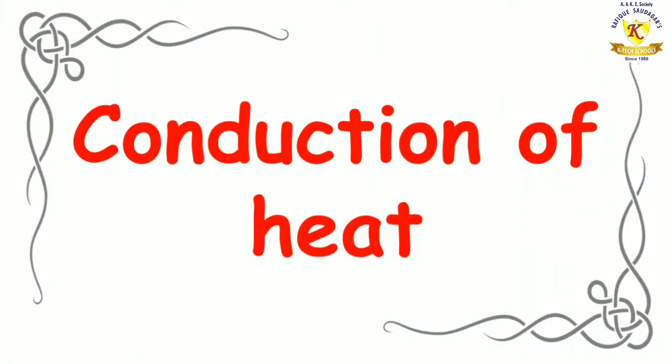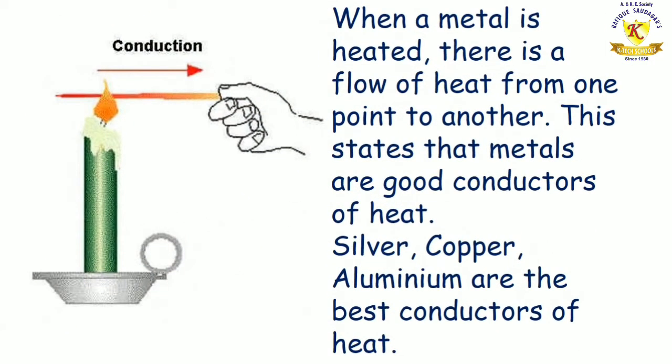At number 6 we have conduction of heat. When a metal is heated, there is a flow of heat from one point to another. This states that metals are good conductors of heat.